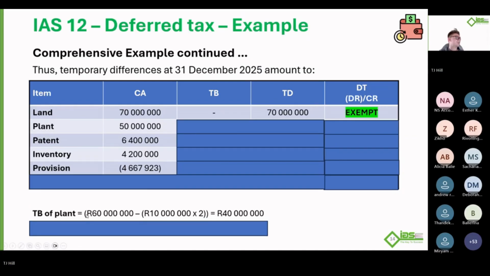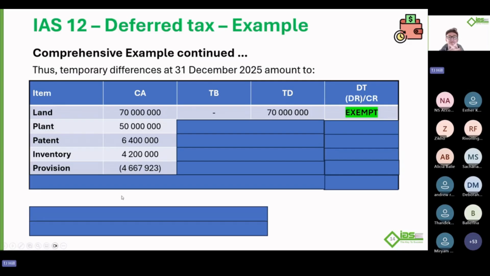For the plant, tax base for an asset, we need to ask ourselves, are future economic benefits taxable or not? Yes, they are, because the plant is going to produce inventory and we are going to sell it. So my future tax deductions will be my tax base. What would that be?